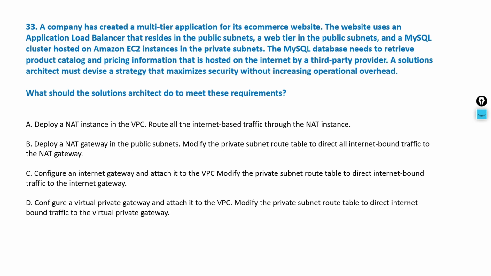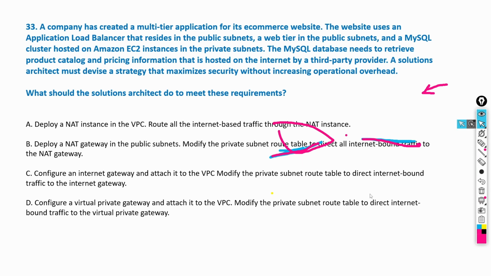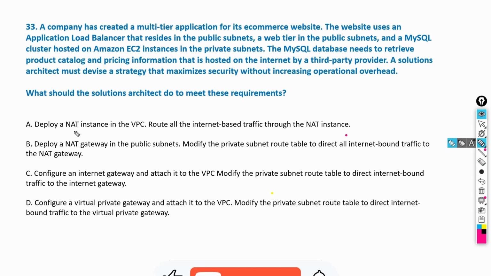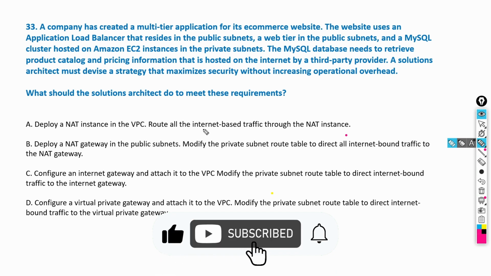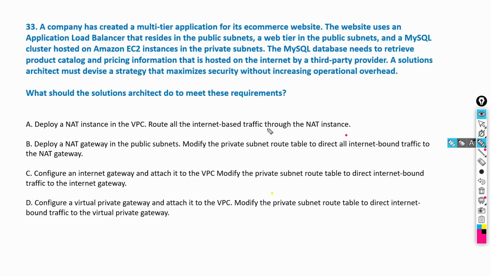And they have given the options A, B, C. So let's check option 1. They are saying deploy NAT instance in a VPC, route all internet based traffic through the NAT instance.